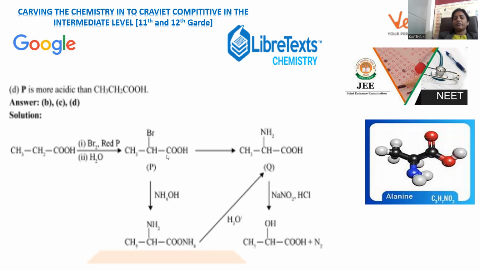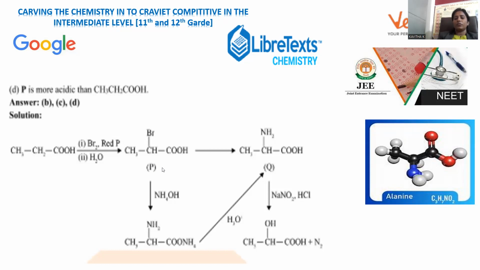That is the kind of reaction where we get an alpha amino acid, namely alanine. Alanine is the amino acid most important in protein synthesis, right? This will be Q. Q is alanine, and P is 2-bromopropionic acid.